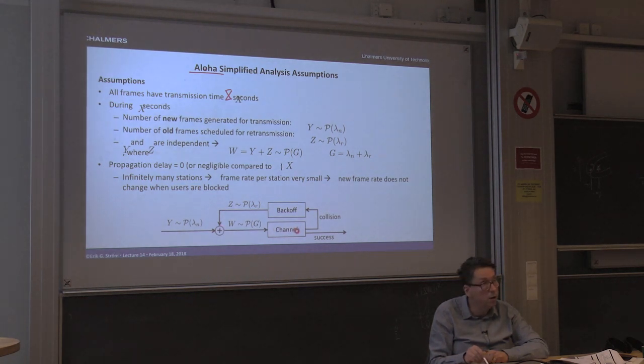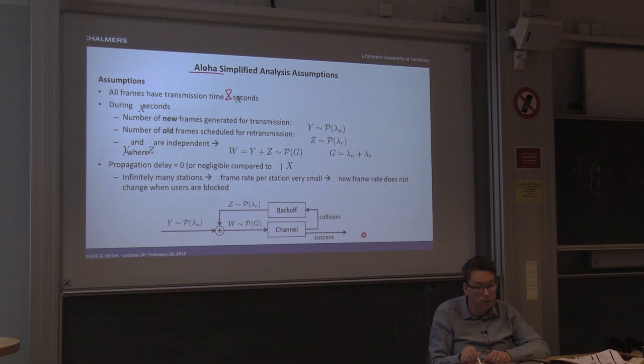This goes over the channel, and then two things could happen. Either the frame goes through, which is success, and then it leaves the system, or it collides and goes back into backoff and enters this feedback loop. So we sort of have a complicated control system here, where new frames come in and go through the channel, and some of them get lucky and succeed, and some of them are fed back like this.